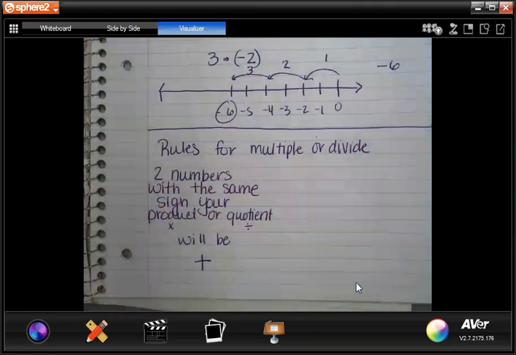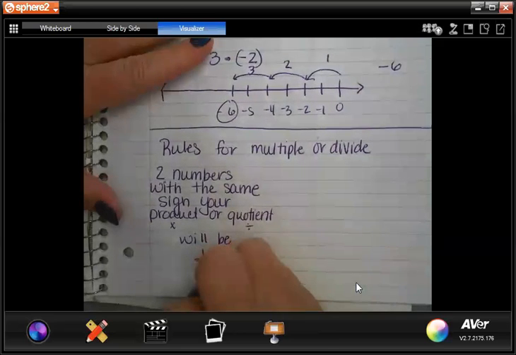So when you multiply 2 numbers that have the same sign, your product or your quotient will always be positive.